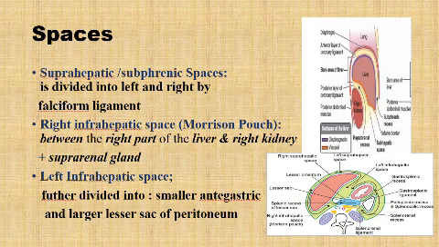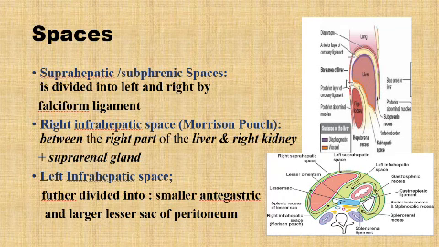By regarding the spaces of the liver, we have the suprahepatic or subphrenic space here, which extends only like this, and also we have the infrahepatic space, which is also divided into 2. The suprahepatic or subphrenic space is divided into 2 by the falciform ligament, right and left.